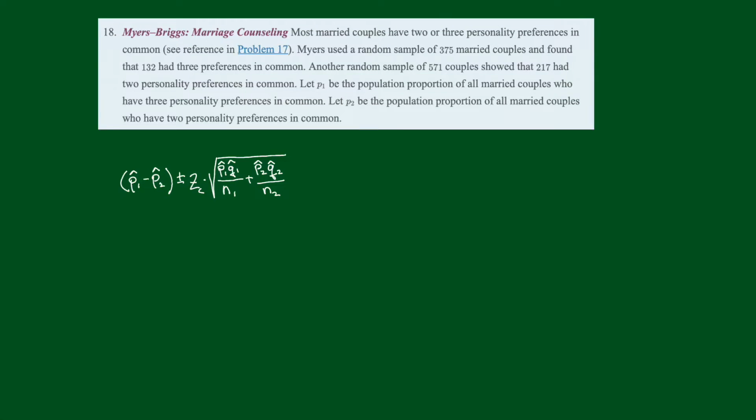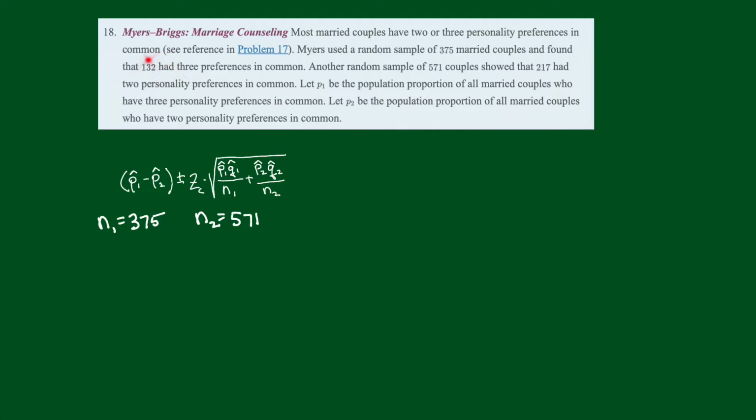Let's summarize our information. So we've got 2 samples. I call them N1 and N2. N1 is the first sample of 375, and N2 is the sample size of the second sample, 571. And in the first sample, what do we see?